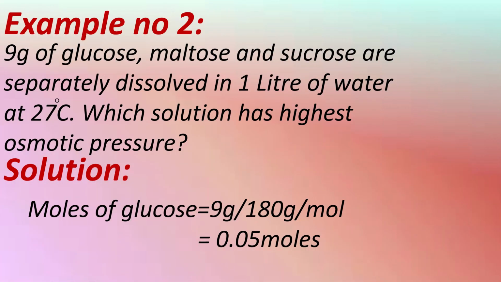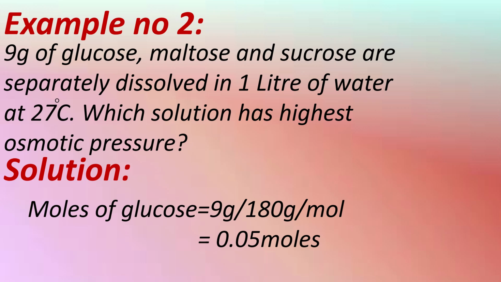Example number 2. 9 gram of glucose, maltose and sucrose are separately dissolved in 1 liter of water at 27 degrees centigrade. Which solution has highest osmotic pressure? So in this example also we have three solutions.